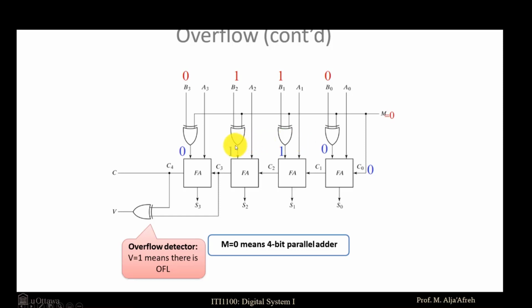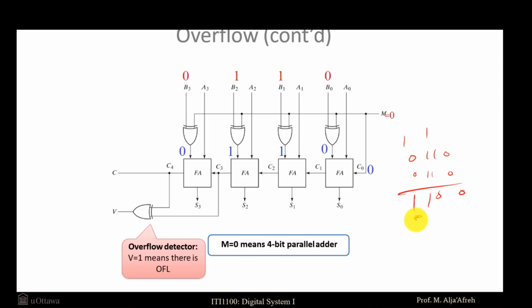Okay, let's do it: 0 1 1 0 and 0 1 1 0. So that is 0, that is 0 and 1, and this is 1 and 1, and the answer is a 12.